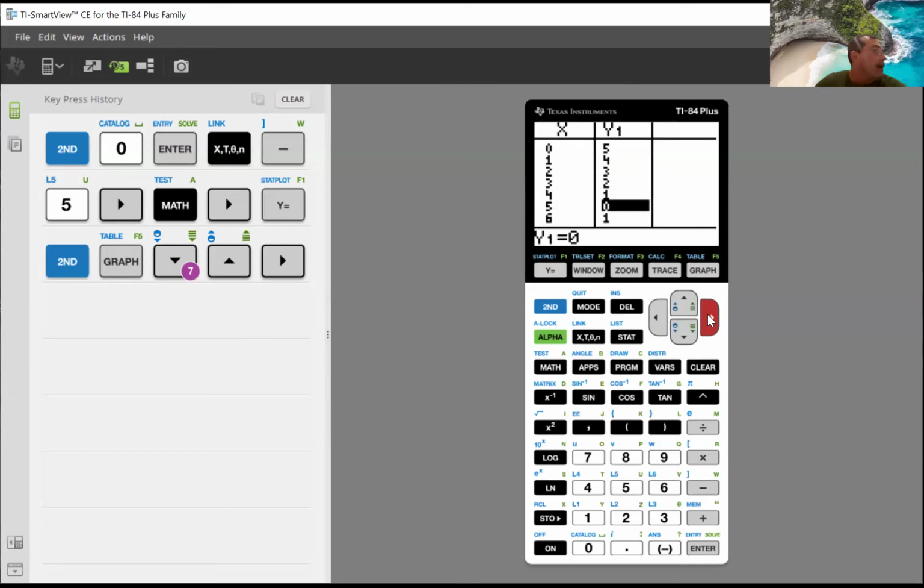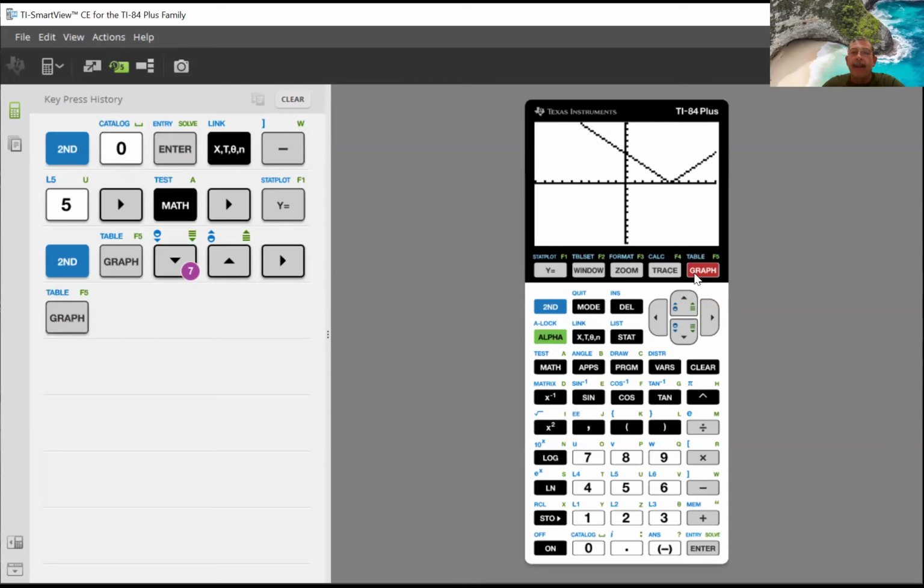So no matter what, whether yours is x minus 7 or x minus 8, the first point you plot has to have a y value of 0. All right, I'm going to hit graph. And look there. Looks like that's at 1, 2, 3, 4, right at 5 is where it's hitting my x-axis, like we had, okay?